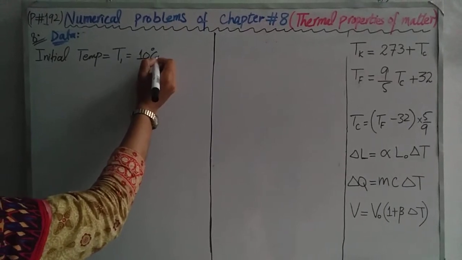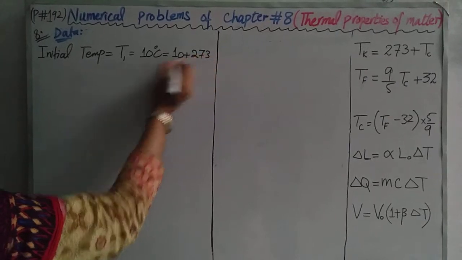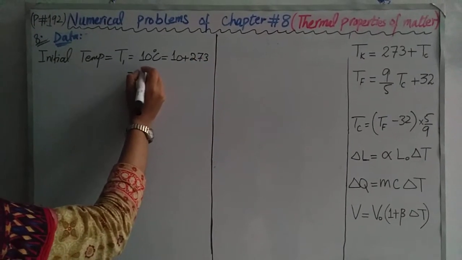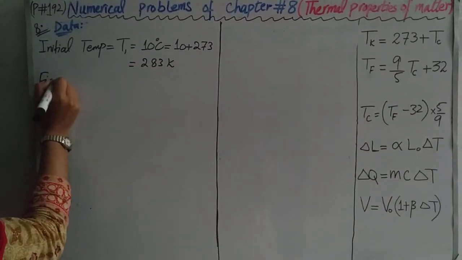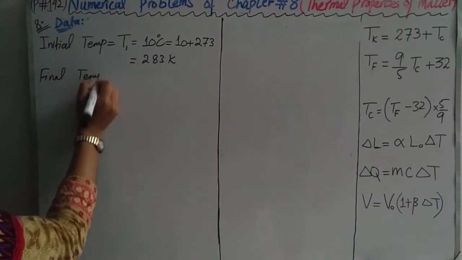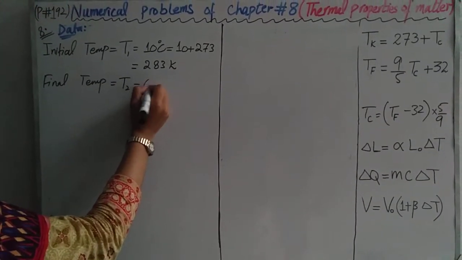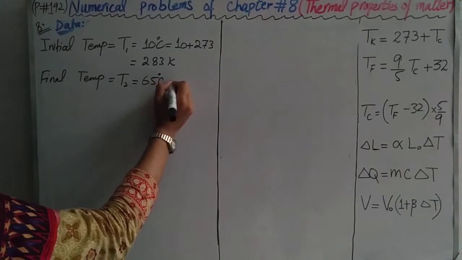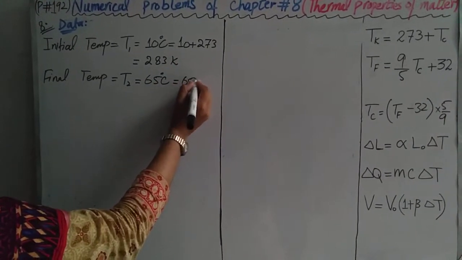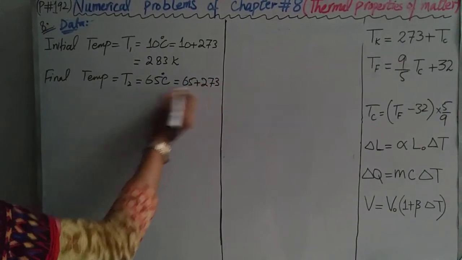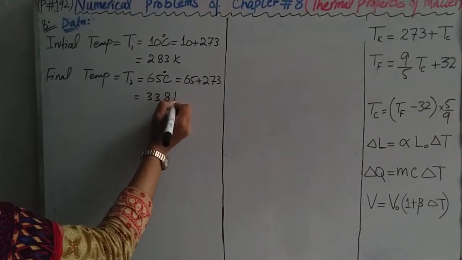We have to convert into Kelvin, that is 10 plus 273, which is equal to 283 Kelvin. Now final temperature, represented by T2, is equal to 65 degrees centigrade, we have to convert into Kelvin, 65 plus 273, and we have 338 Kelvin.